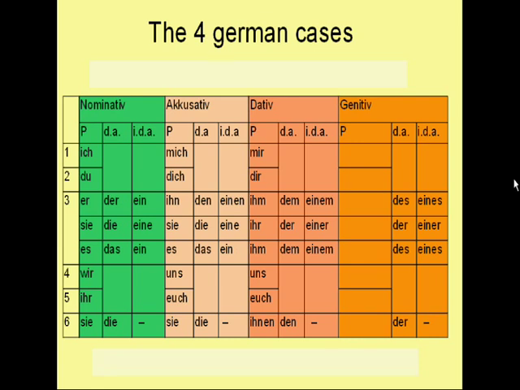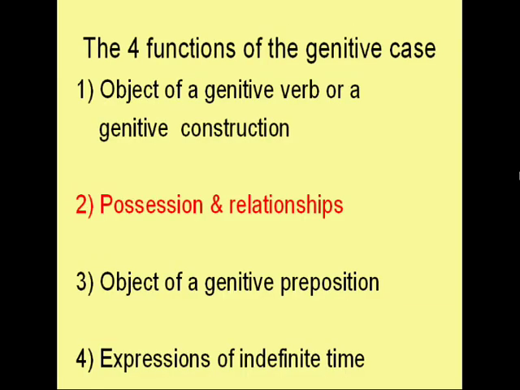But for now, it's only important for you that you know that when a noun is in the genitive case with a genitive article that indicates possession and relationships, we cannot replace this noun with a genitive pronoun. The genitive pronouns that you saw in my last video can only replace those nouns that are the object of a genitive verb or a genitive construction.